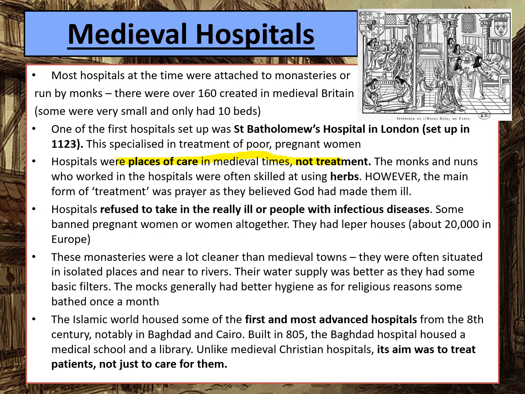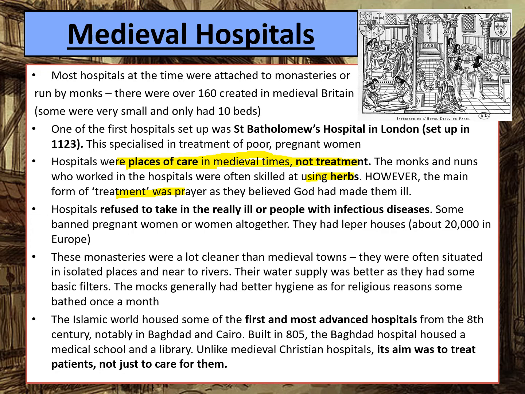So they did use some herbal remedies, and they were often quite skilled at this in comparison to ordinary people at the time. However, the main form of so-called treatment was supposed to be prayer. And remember that really key point that they generally did not believe in treatment. It was about caring for these people.